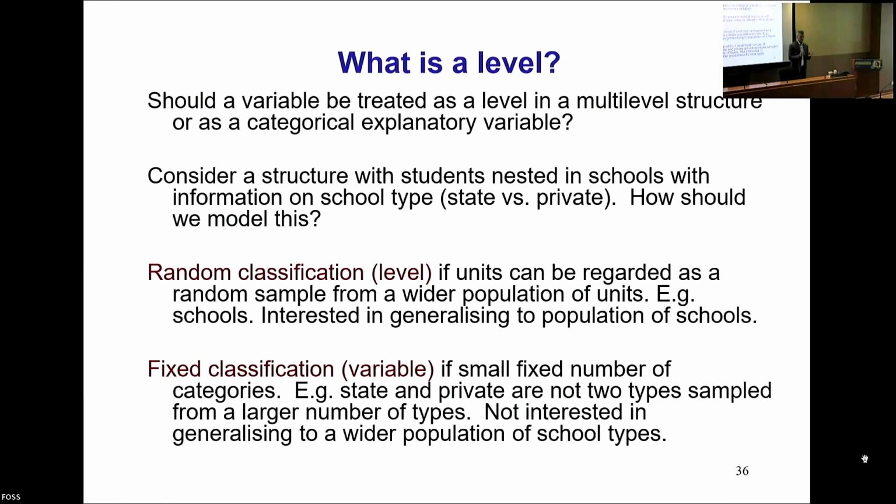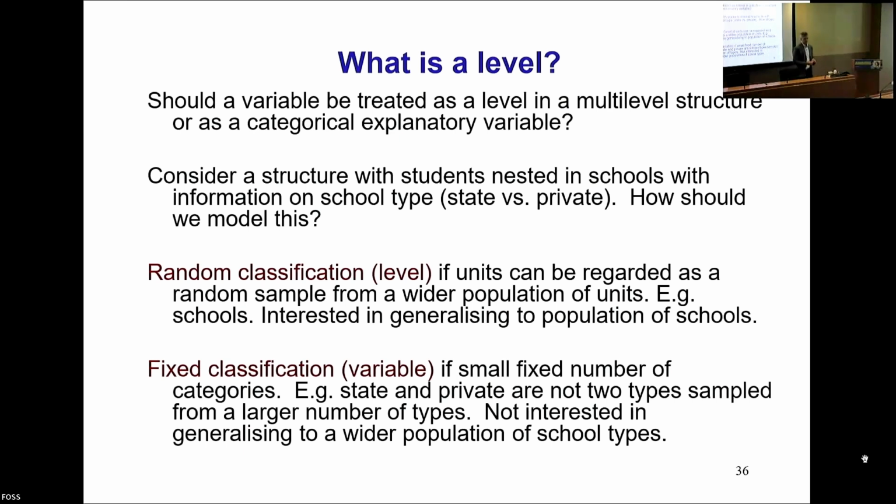The survey is just a snapshot in a point of time, so maybe you want to generalize to all the potential surveys that could have been done, plus or minus 1 month from the time of the survey in a country. So that's the way people get around generalizing to a wider sample when you've got a fixed classification.